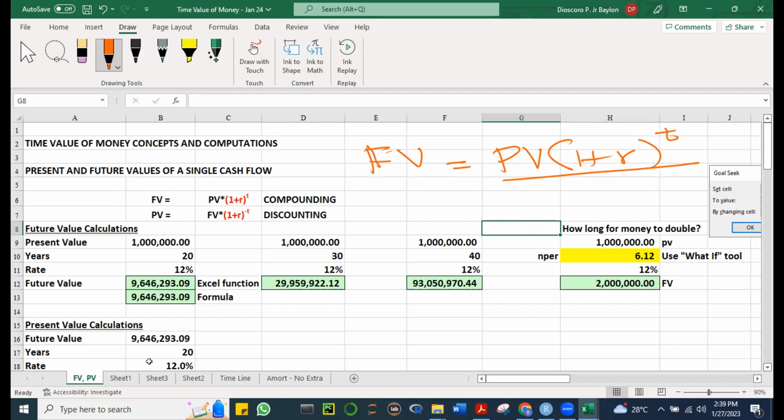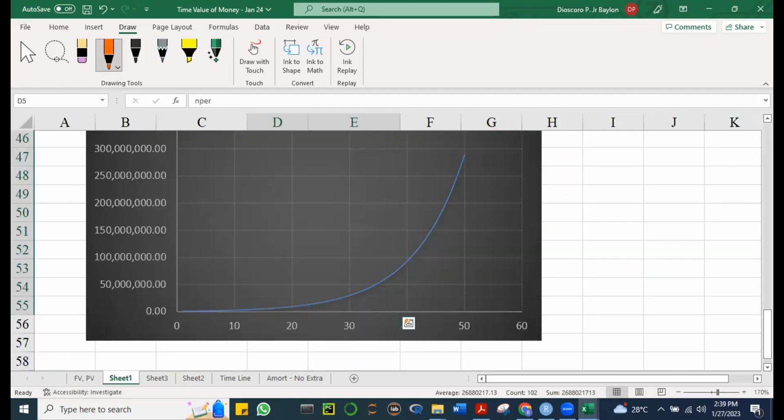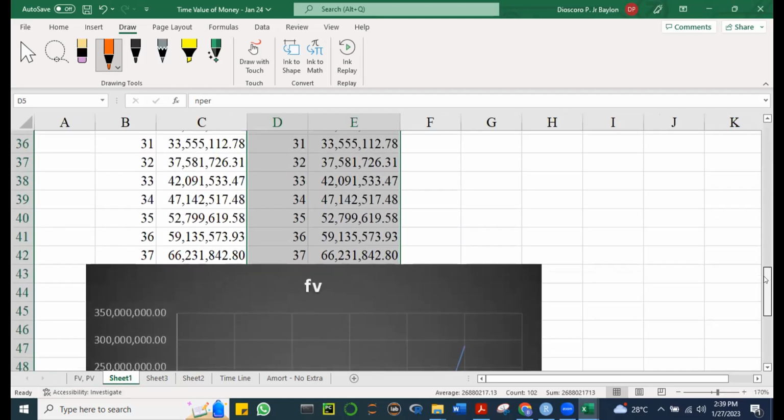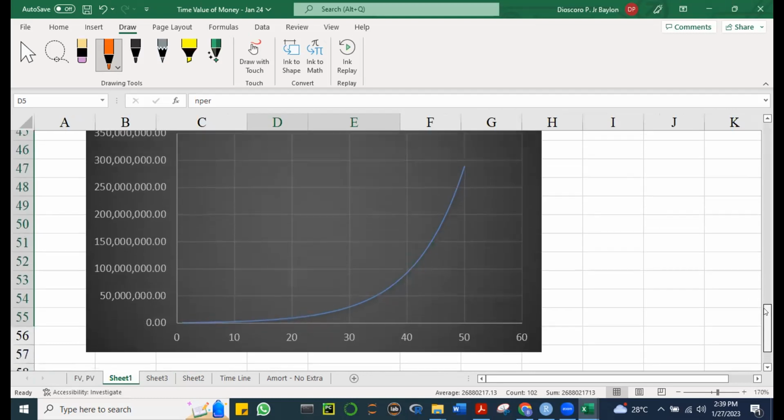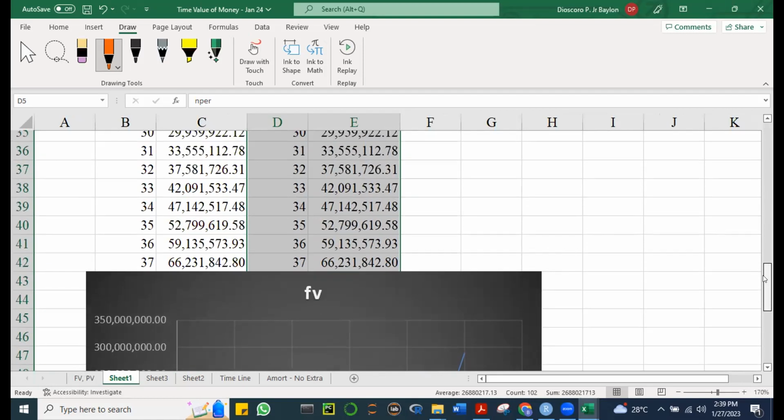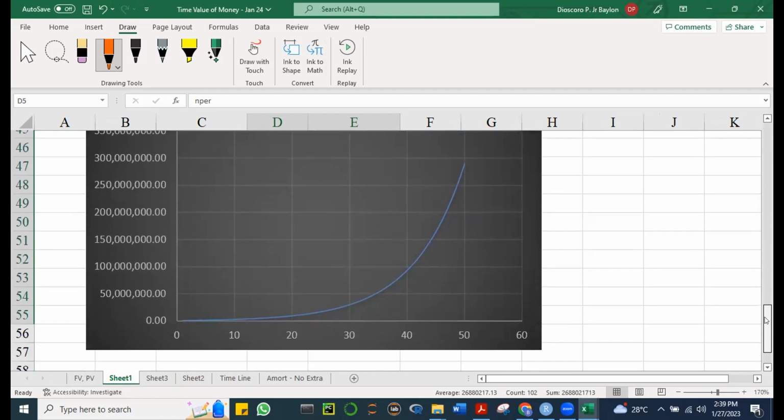And in fact, we plotted our future value over time. And we learned last time that the future value function is not linear. Okay, in fact, it's exponential.